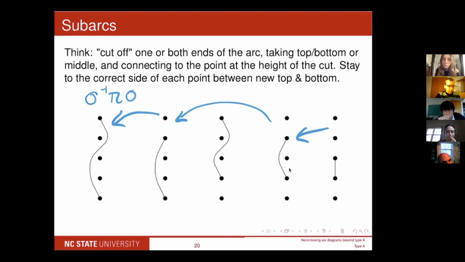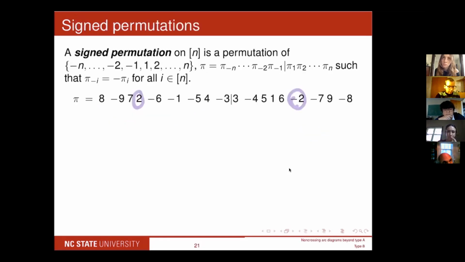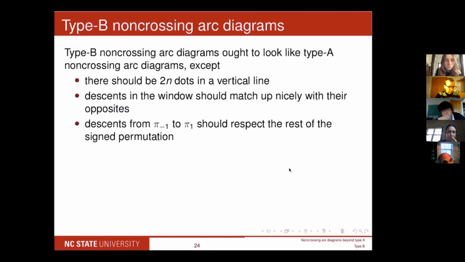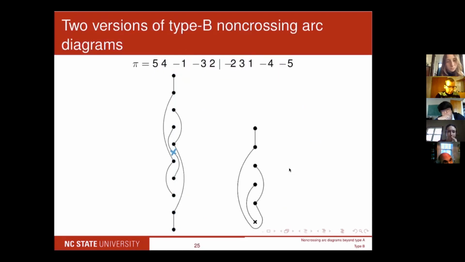That also gives us context for type B, where we use 2n dots, because type B sub n is a subgroup of type A sub 2n minus 1. So the 10 dots is a subgroup of S10, which is A 9.